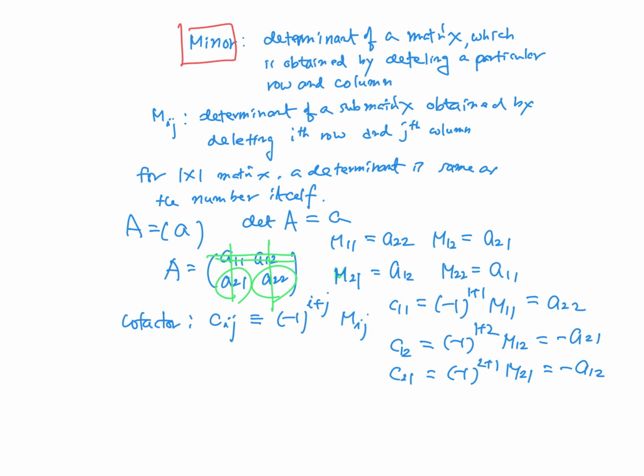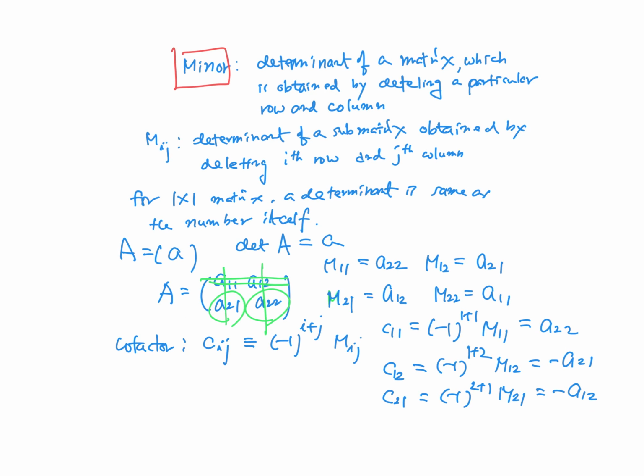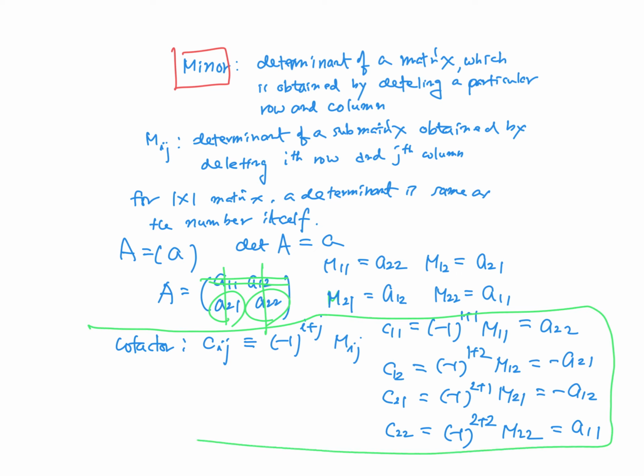C22 is minus 1 to the 2 plus 2 times M22, which is A11. This is the cofactor. Minor is defined in this way.